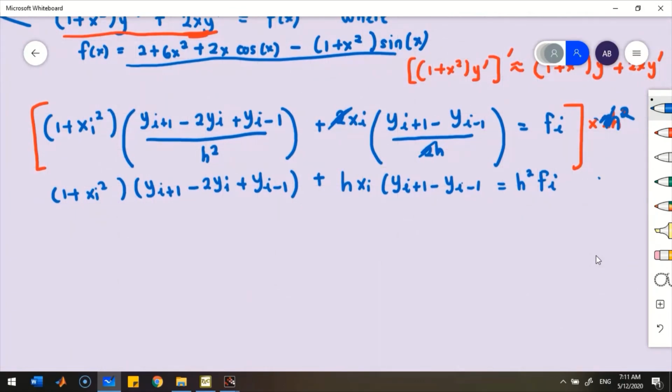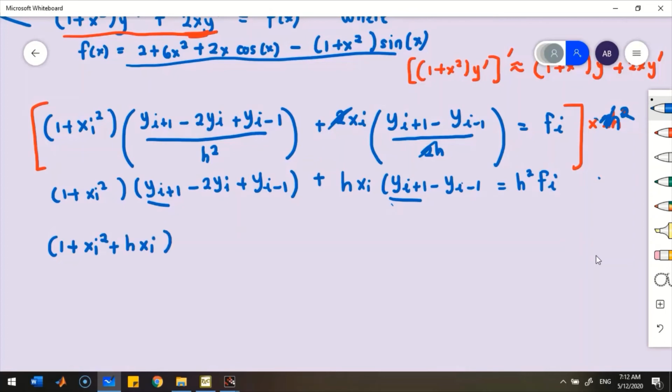Like I said early on, we arrange the common term involving yi plus 1. So let's collect the common term: xi squared plus h xi.